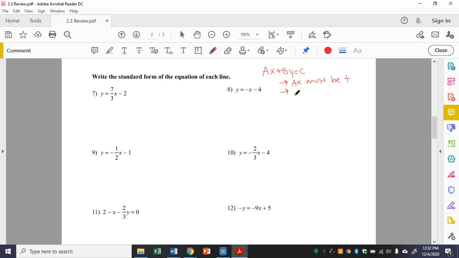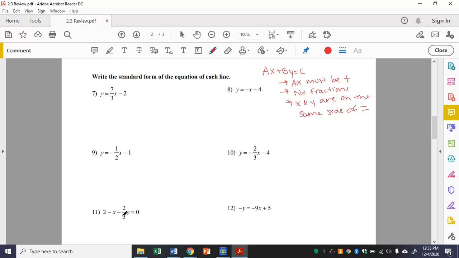Our second rule: there can be no fractions. And it's not necessarily a rule, but we want to realize x and y are on the same side of the equal sign. Okay, so those are our goals here.